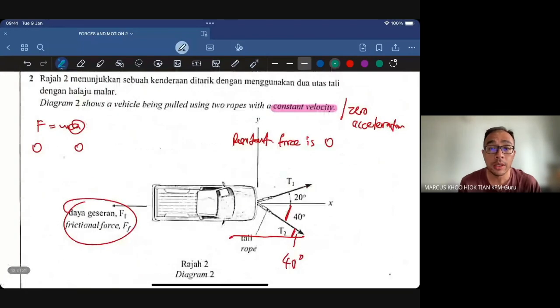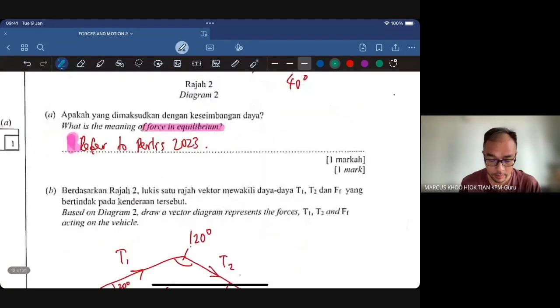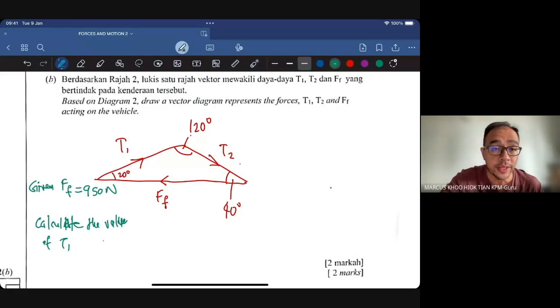No. Hold on. Oh, they don't give you this one. Okay, calculate the value of T1, given FF is equal to 950 newtons. Sorry, I think there's a missing question over here. Given that FF is 950 newtons, calculate the value of T1, and by extension, you can also calculate the value of T2.